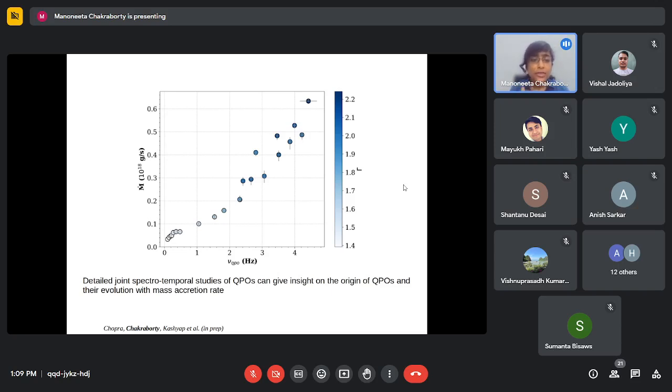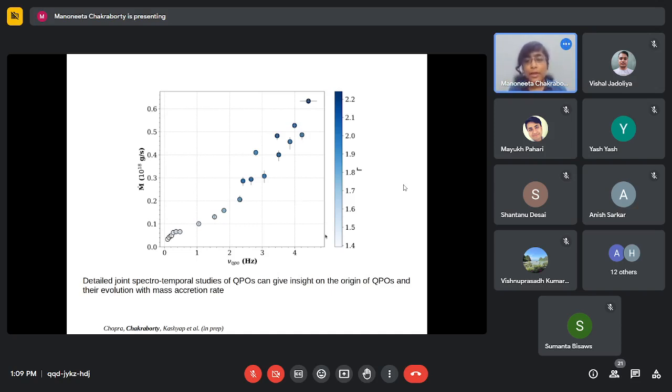And we also see not just the accretion rate, m dot here is the accretion rate, but the QPO can also be very strongly related to how the source emission properties are evolving.